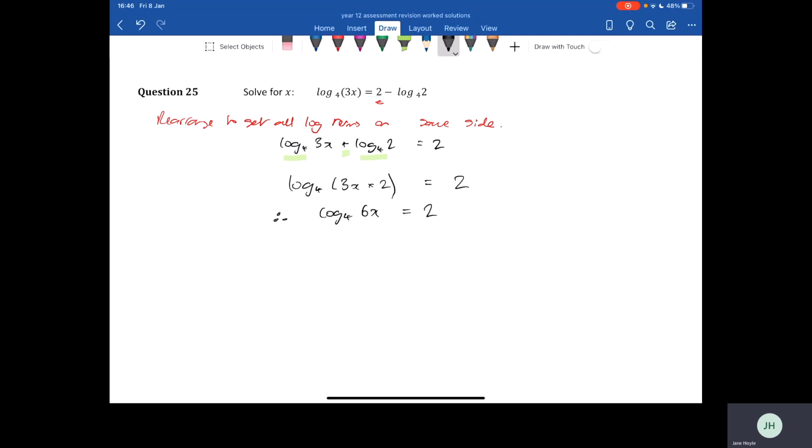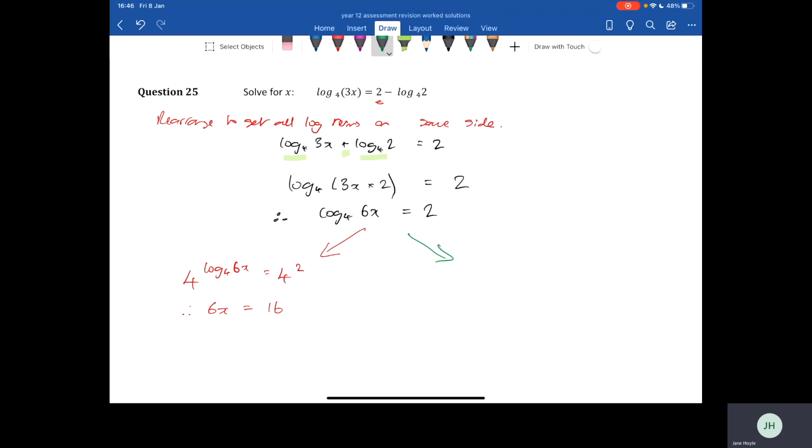And now that I've done that, I can rewrite it as an exponential equation. You can either think of it as having a base of 4 raised to each of those things. So the 4 and log to the base 4 cancel out, just leaving you with 6x equaling 4 squared, which is 16.